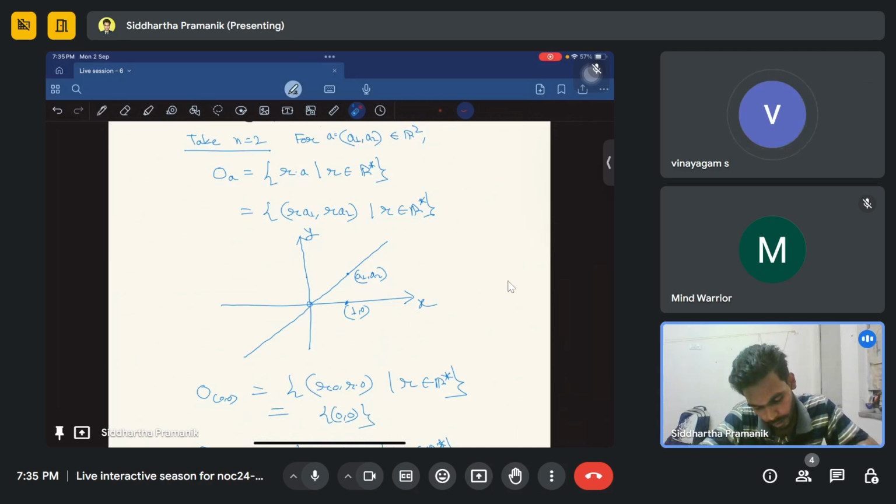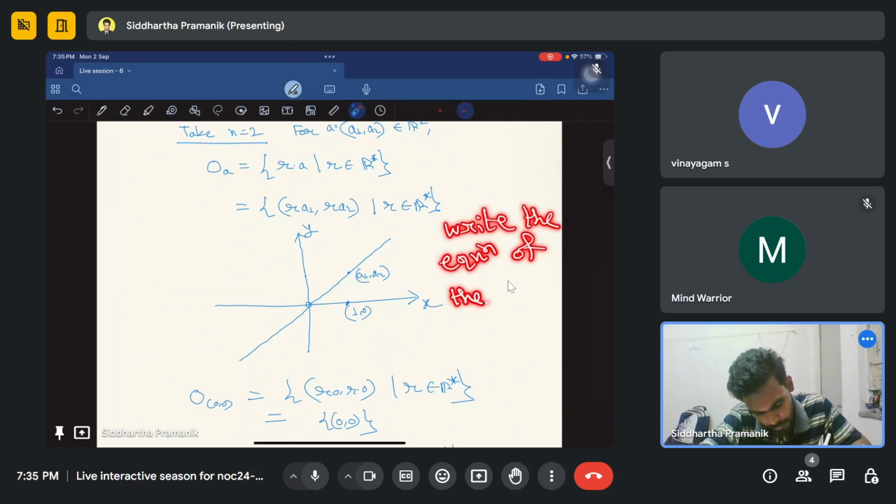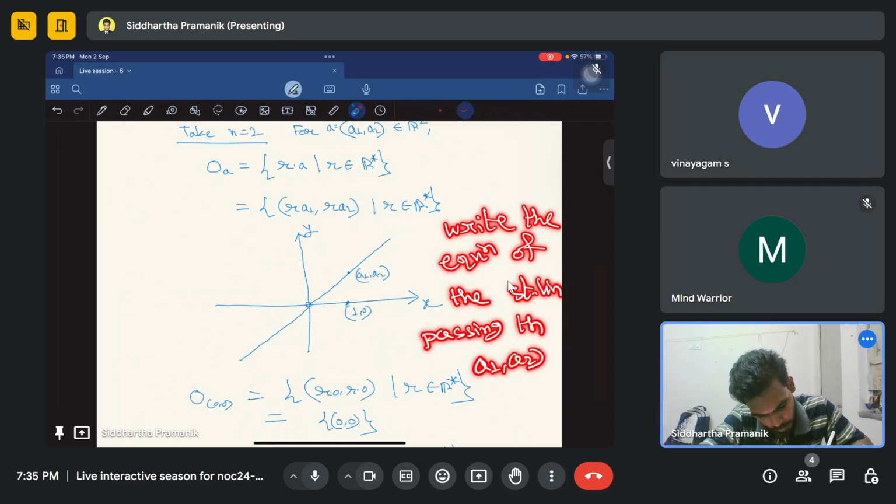One thing you can do is write the equation of the straight line passing through the point (a1, a2) and the origin, then try to see how those points look like.